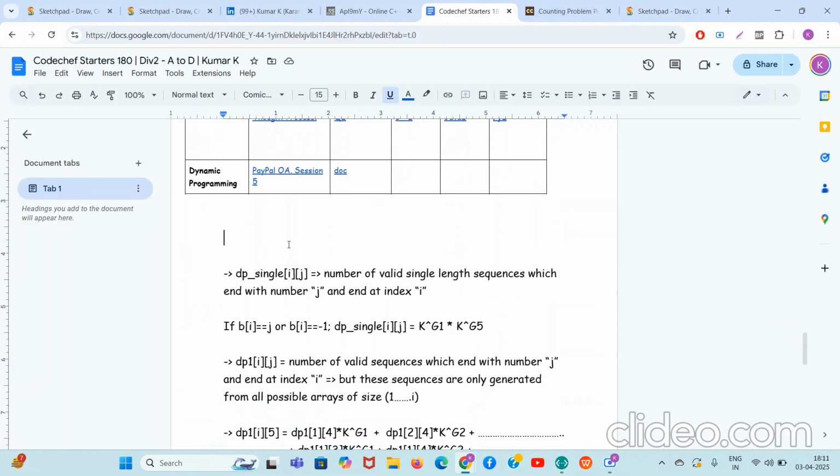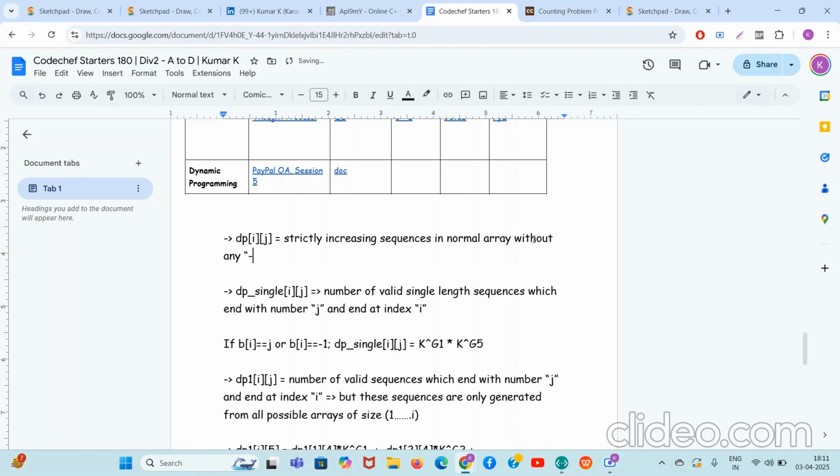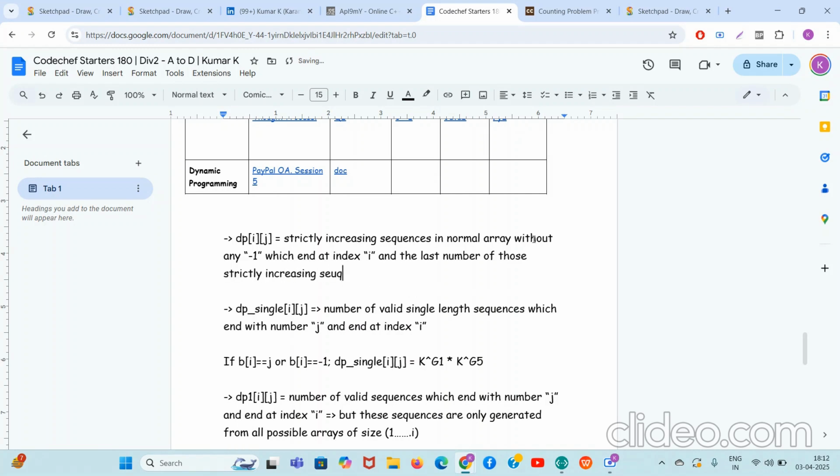I will write it here also, before we go ahead. dp[i][j] is nothing but strictly increasing sequences in a normal array without any minus one, which end at index I, and the last number of those strictly increasing sequences is j equal to B of I.